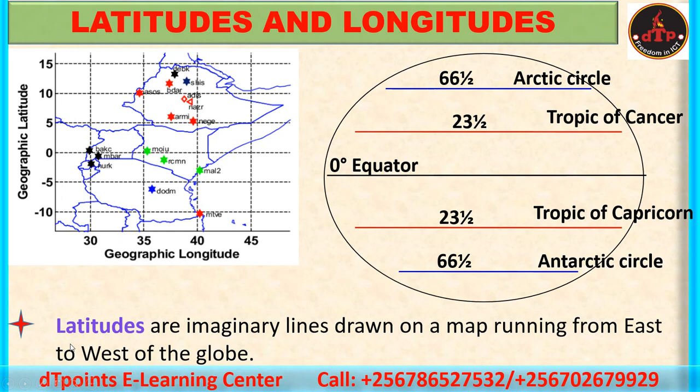This here is the globe. So these lines which run from the east to the west are the ones we call lines of latitudes. This one you're seeing running here on our map of East Africa, those are the ones we call lines of latitudes.